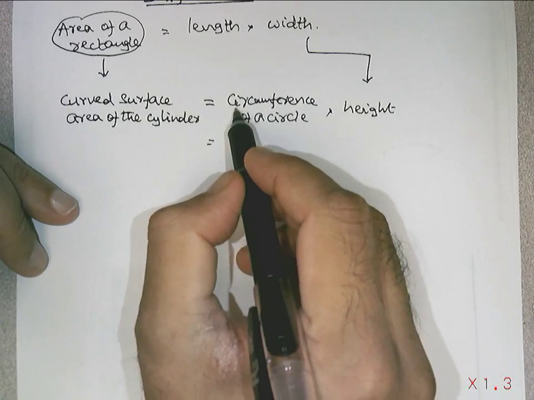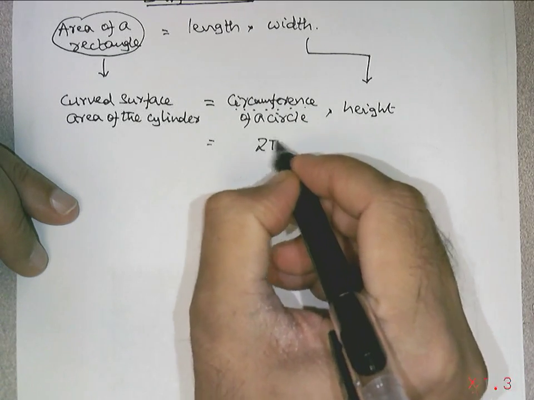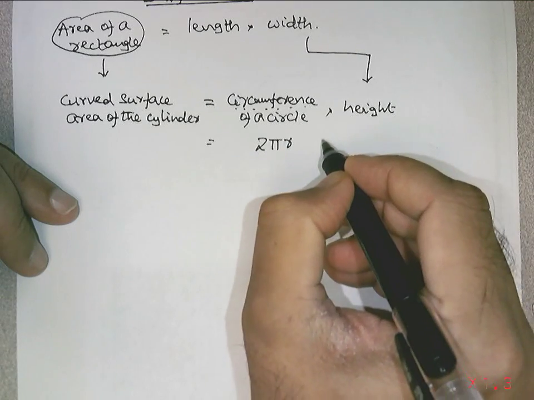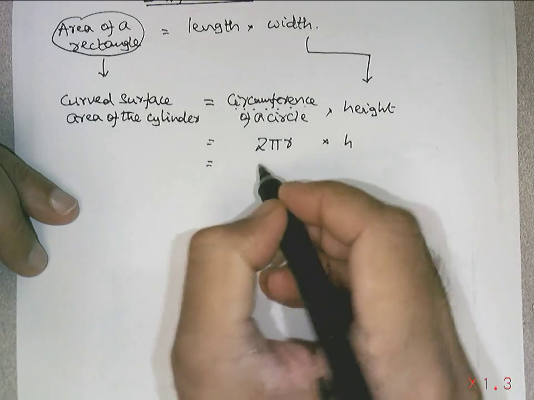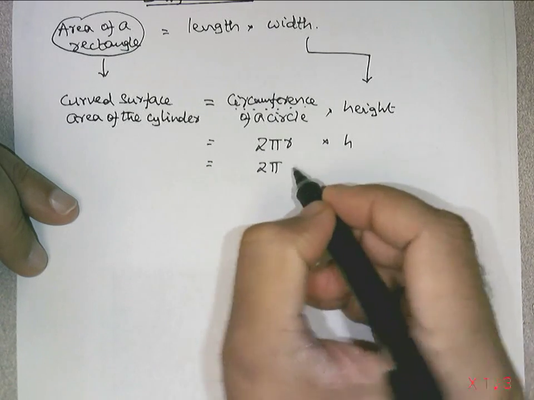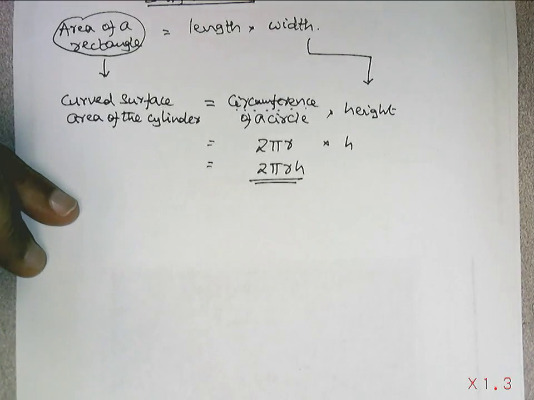As you know, circumference of a circle is 2 times pi times radius, multiplied here by height. So finally the curved surface area of a cylinder is 2 pi rh.